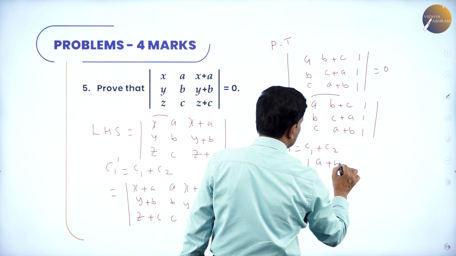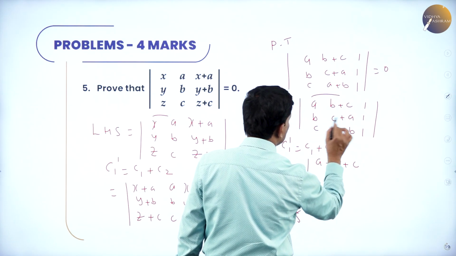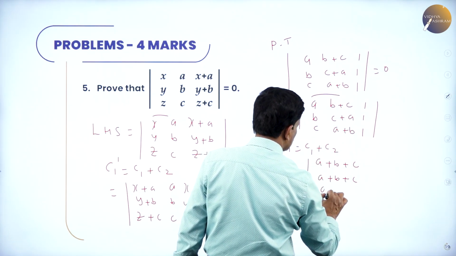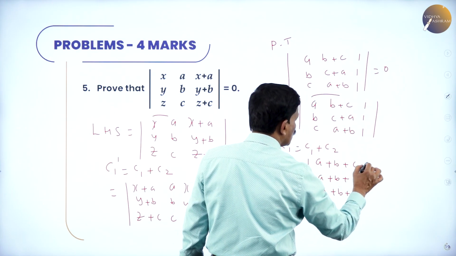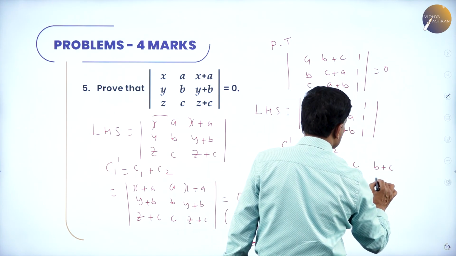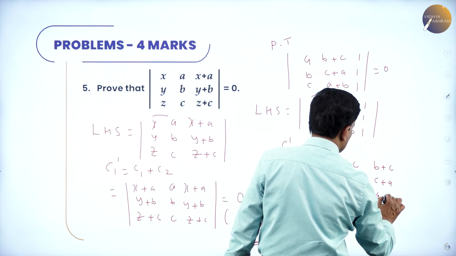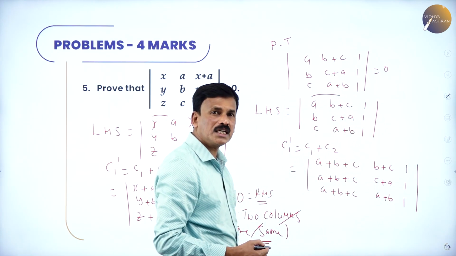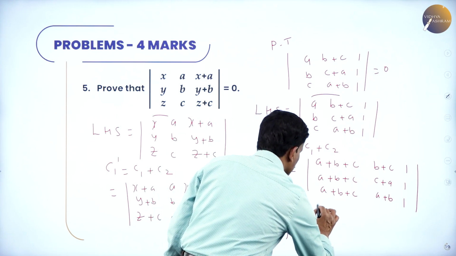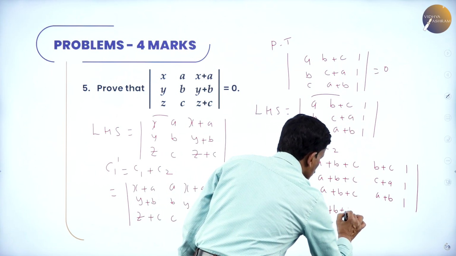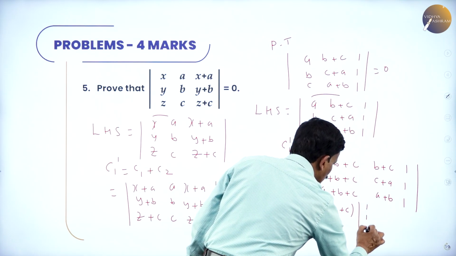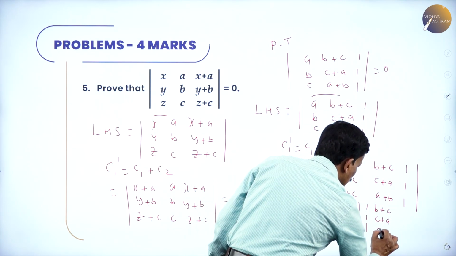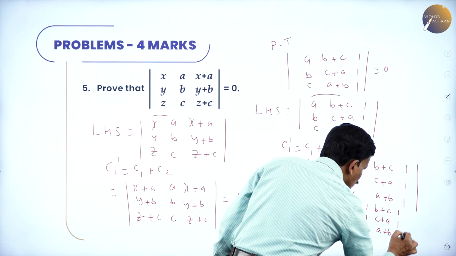A plus B plus C. Again B plus C plus A is nothing but A plus B plus C. C plus A plus B is A plus B plus C. And this is the same, B plus C, C plus A, and A plus B. Here 1, 1, 1. Now here we have to take A plus B plus C as the common factor. A plus B plus C comes out, and what is left? 1, 1, 1; B plus C, C plus A, A plus B; 1, 1, 1.